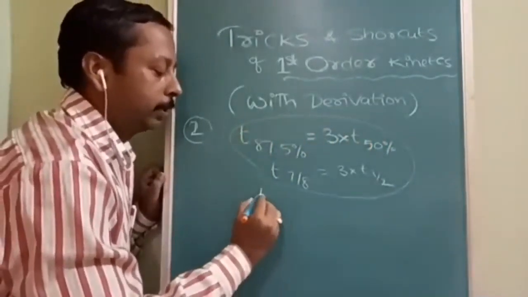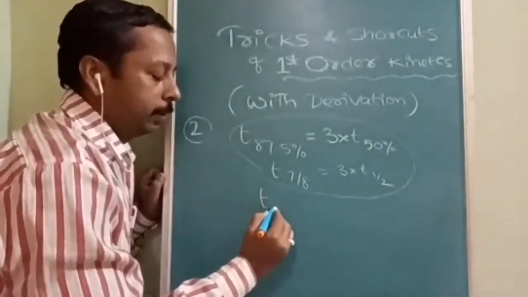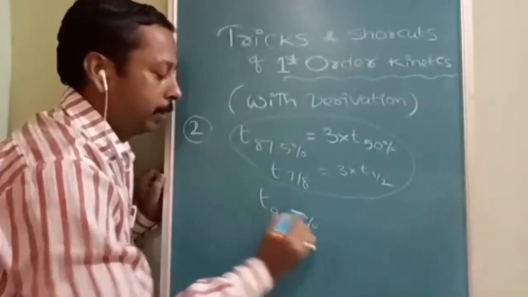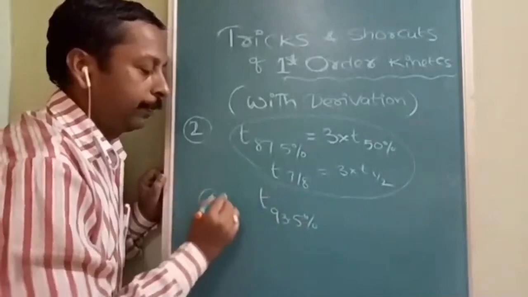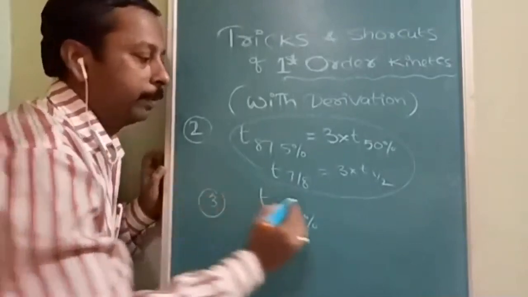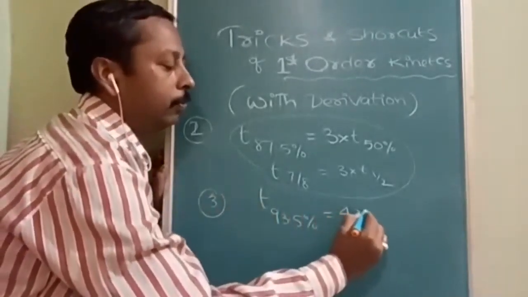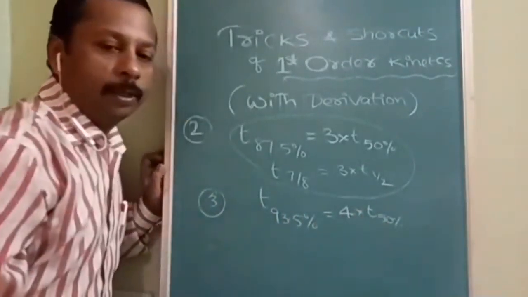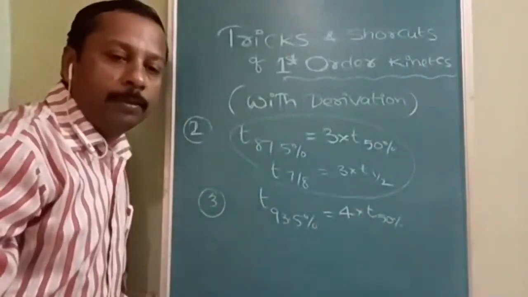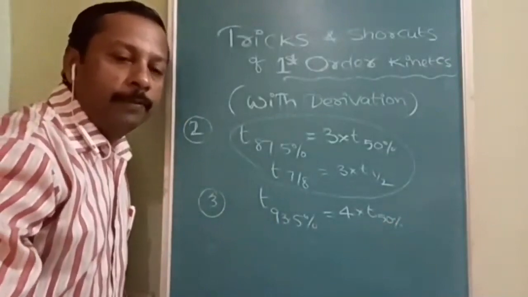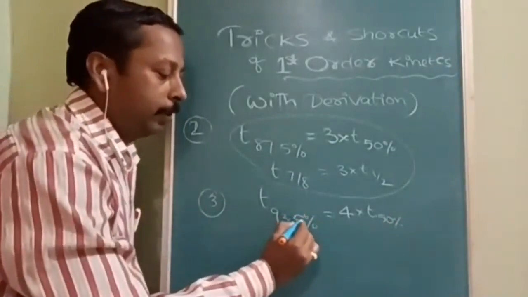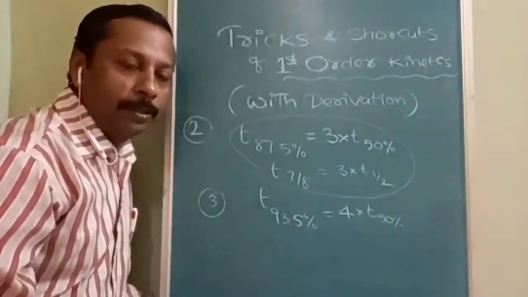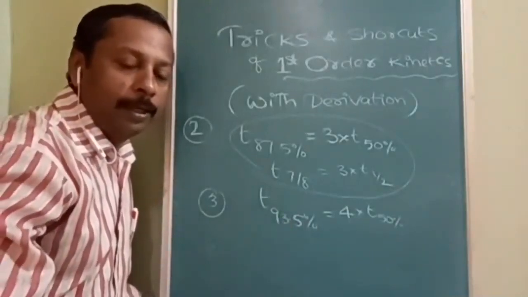What can be the next one? If it is T 93.5%, what is the third shortcut? T 93.5% is equal to 4 times of T 50%. Okay, how it is? I think now it need not be explained, because you are all smart students, so you can understand how it is.